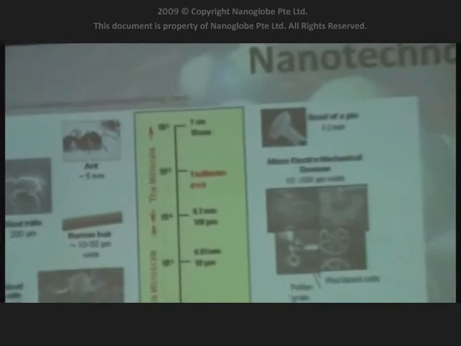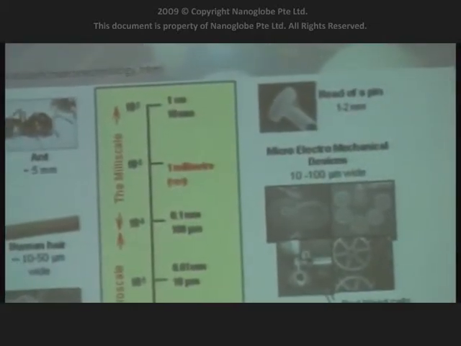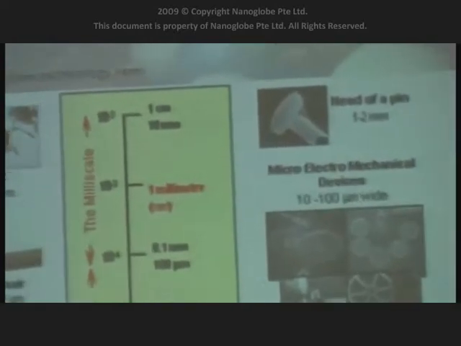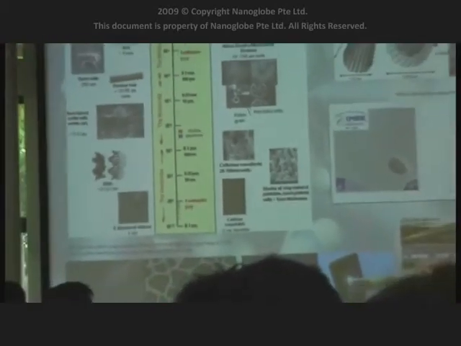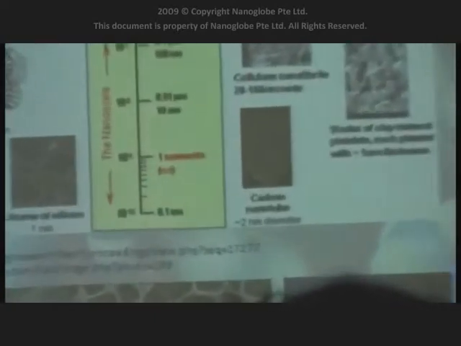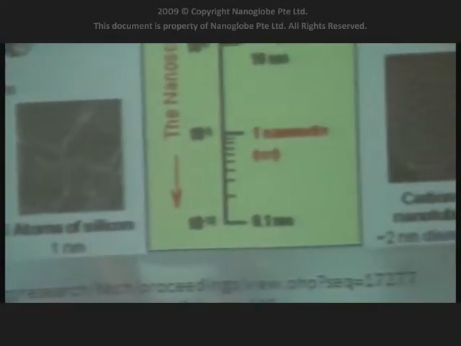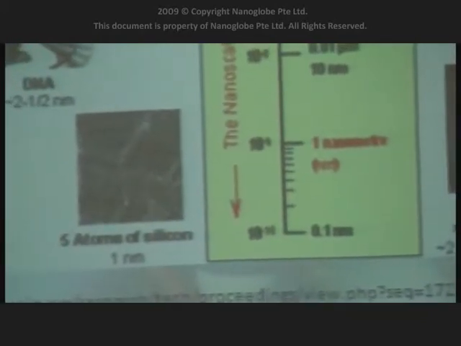So let's start from a millimeter scale. So you see an ant. Ant is the size of a millimeter. If you go down to another level of scale, say bacteria, which you can see probably under the optical microscope, is the order of 100 micron. So micron is 10 to the minus 6 meter.